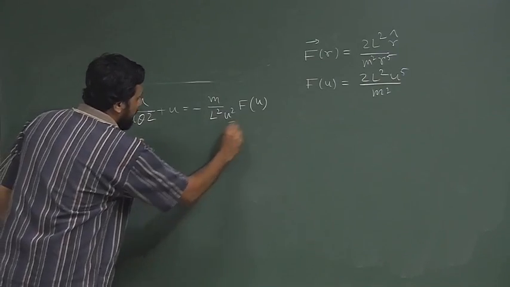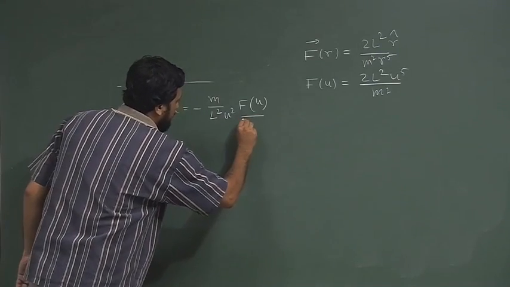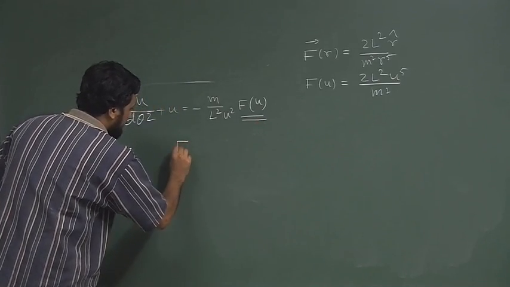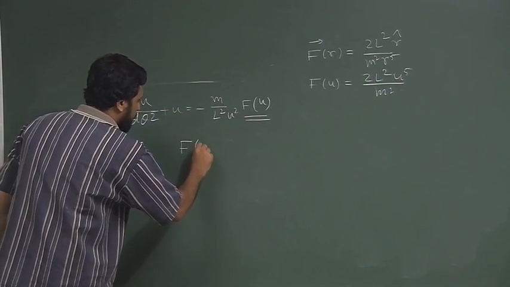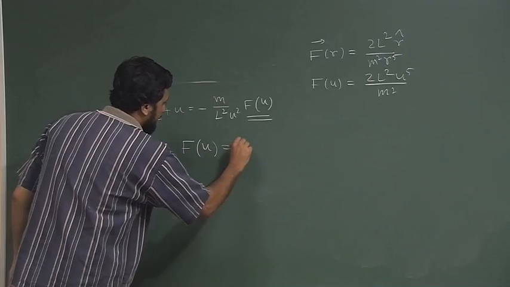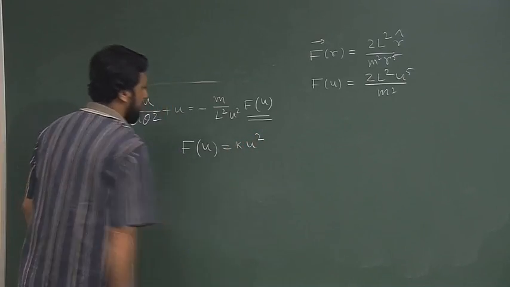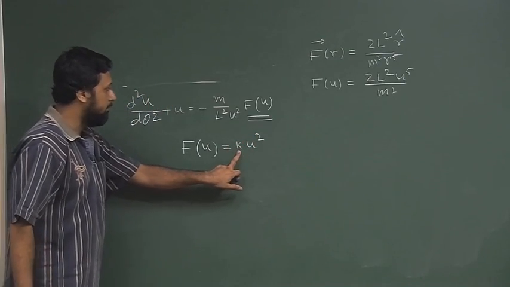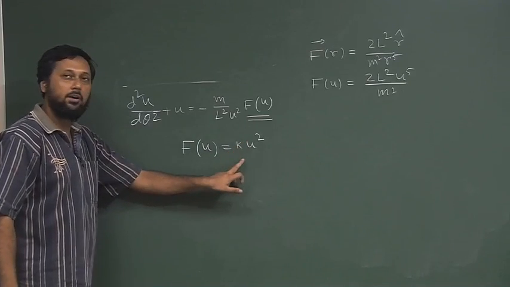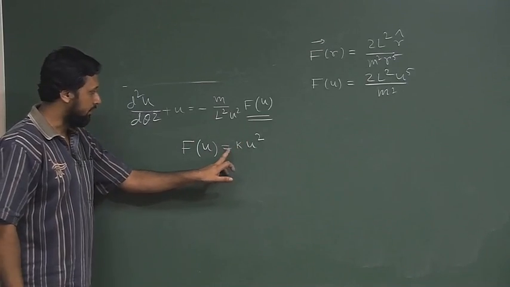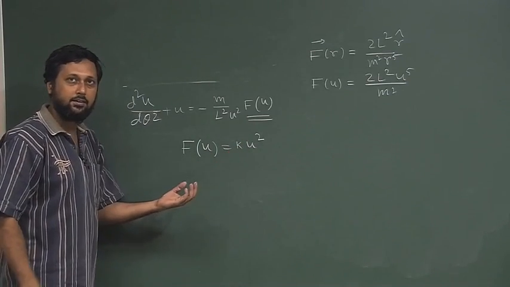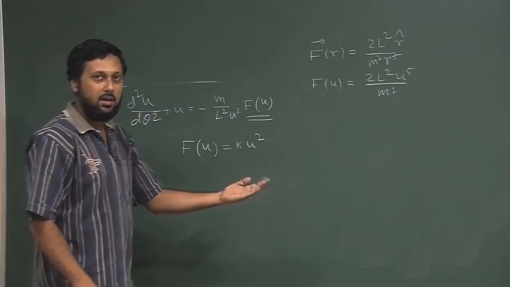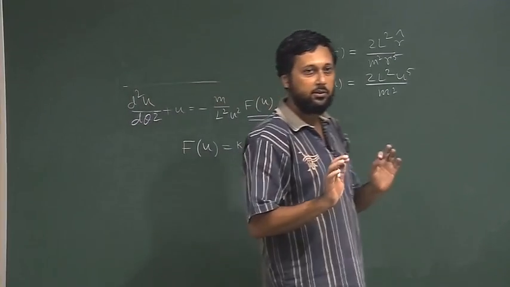So, what we will do is we will try to solve this equation for a very particular type of force which is k u square. So, k u square essentially means f of r is equal to k by r square. There could be a negative sign for attraction, there could be a positive sign for repulsion. But this force law is extremely familiar to all of us.